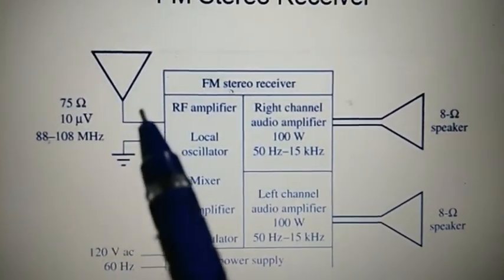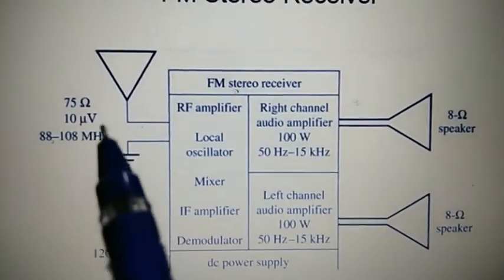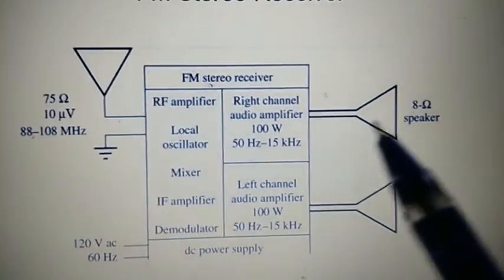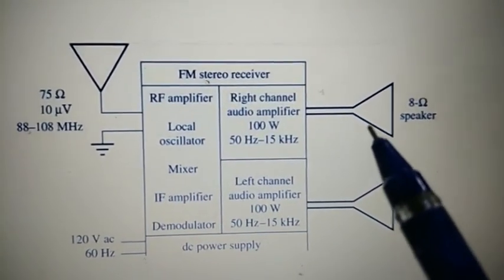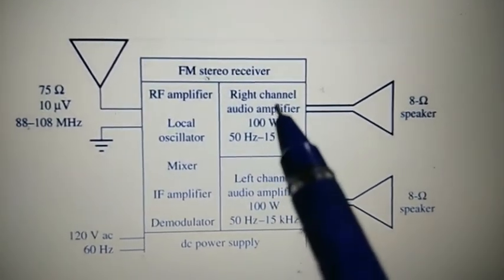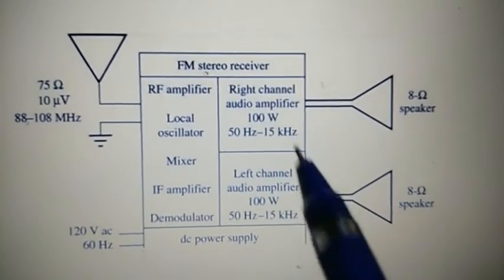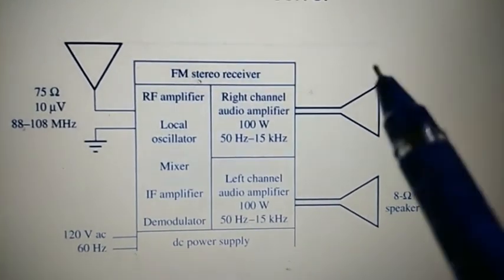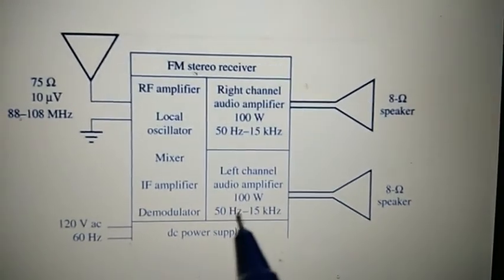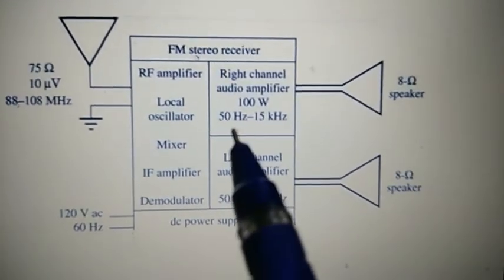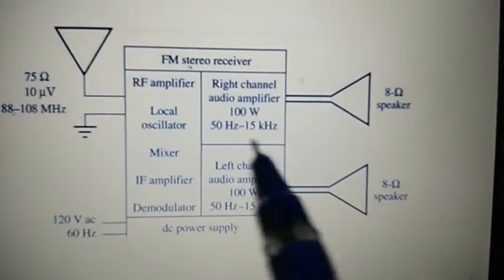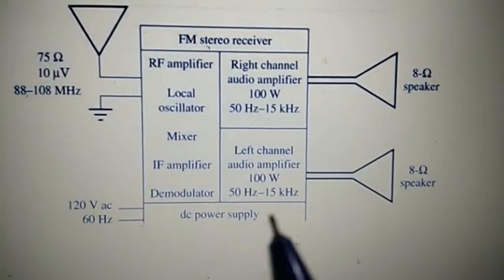This is a 75 ohm, 10 microvolt antenna with 88 to 108 megahertz. This is the 8 ohm speaker at the outside, and this is also an 8 ohm speaker. This is the right channel audio amplifier, and this is the left channel audio amplifier. To drive these speakers, audio amplifiers are used with a frequency range of 50 Hz to 15 kHz as audio frequency.